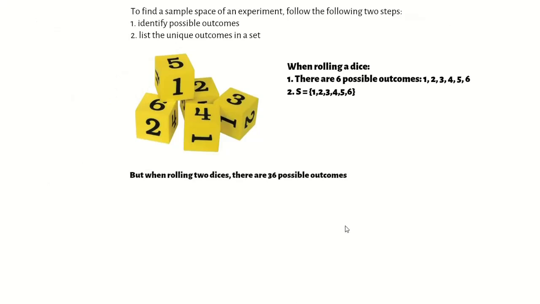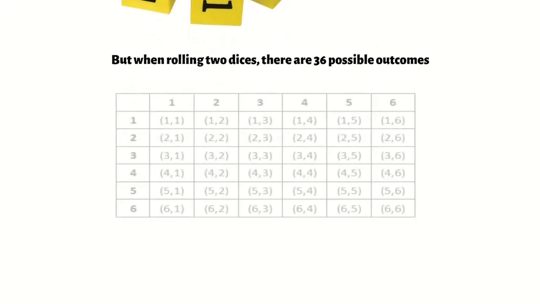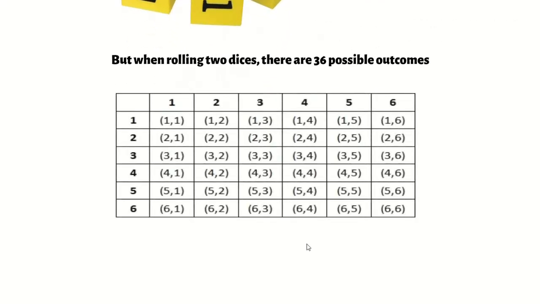But when rolling 2 dice, we will get many more outcomes, not only 6 outcomes, but 36 outcomes. But how? Since each of the 2 dice has 6 sides, we can use this table to understand it better.